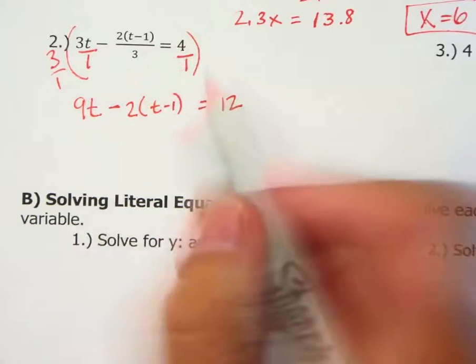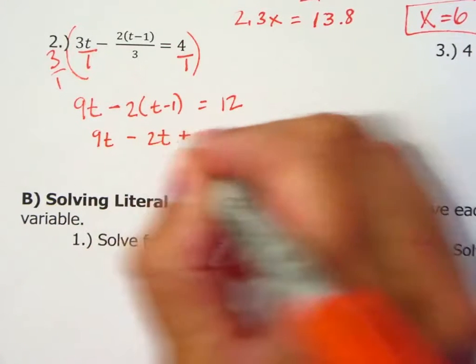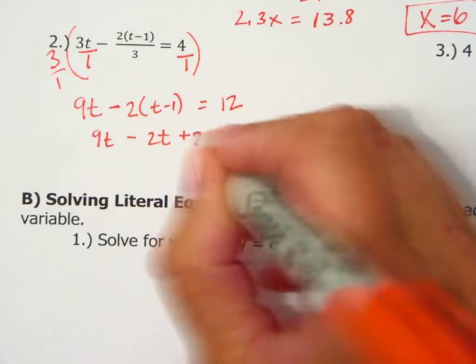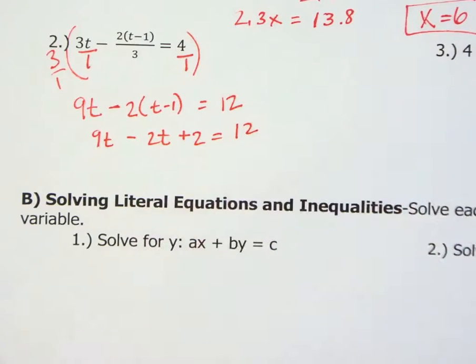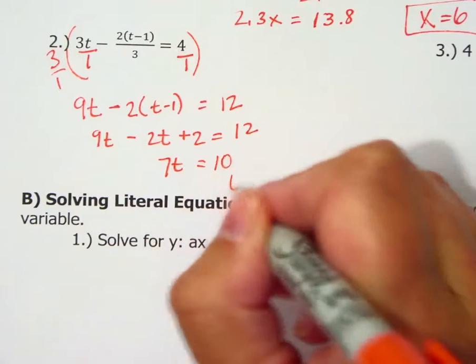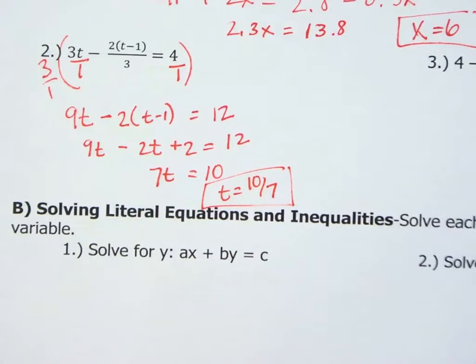From here, distribute the negative 2, and then combine like terms. I'm going to move that 2 over as well, and we can leave our answer as an exact 10 over 7.